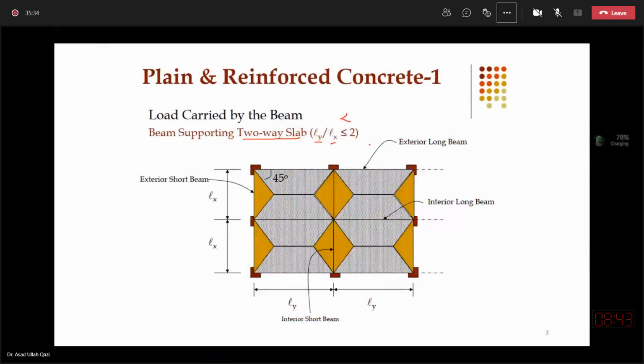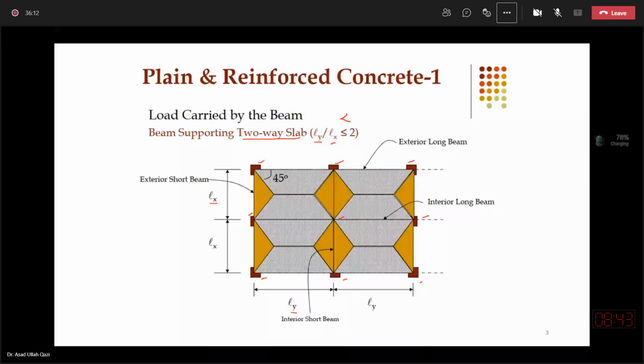So how will we estimate the load on the supporting beams? For example, in this picture, there are 9 columns: 1, 2, 3, 4, 5, 6, 7, 8, 9. There are 4 panels, and each panel has the shorter dimension Lx, longer dimension Ly, and aspect ratio less than 2.